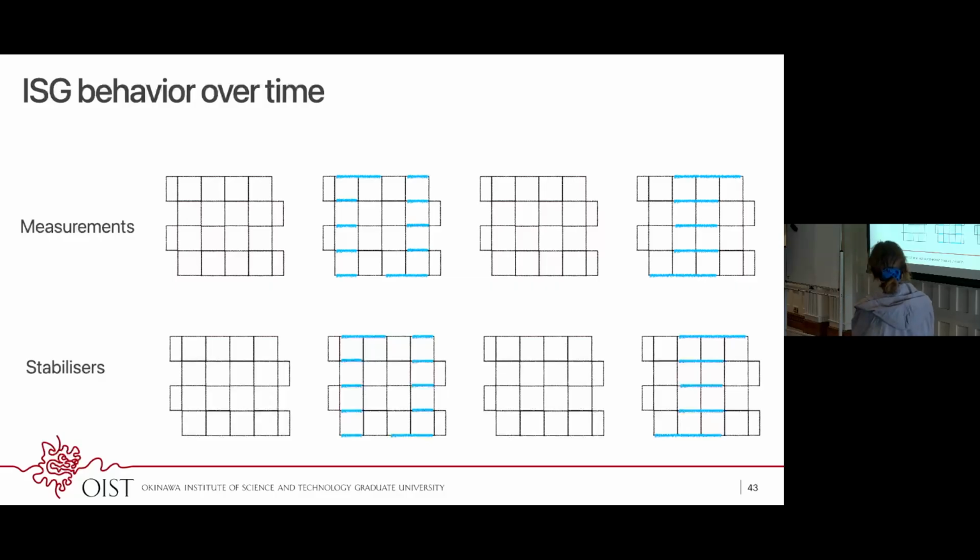So here is the instantaneous stabilizer group behavior over time. It's the same as before. The first row represents the measurements we've done, and the second row represents the stabilizers. Here I use the second round rather than the first round, because after the second round the stabilizers start to repeat periodically.